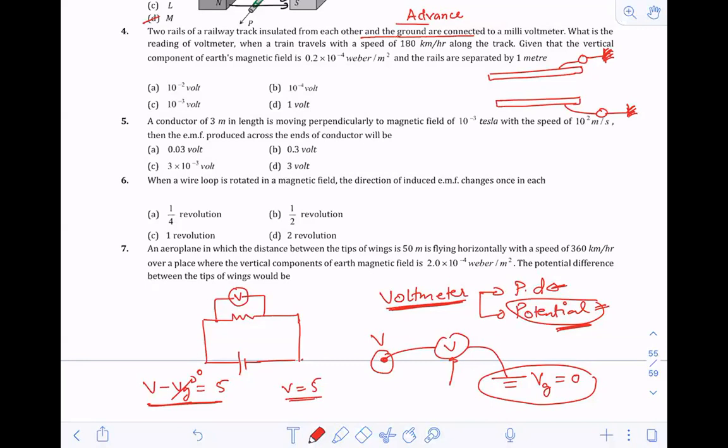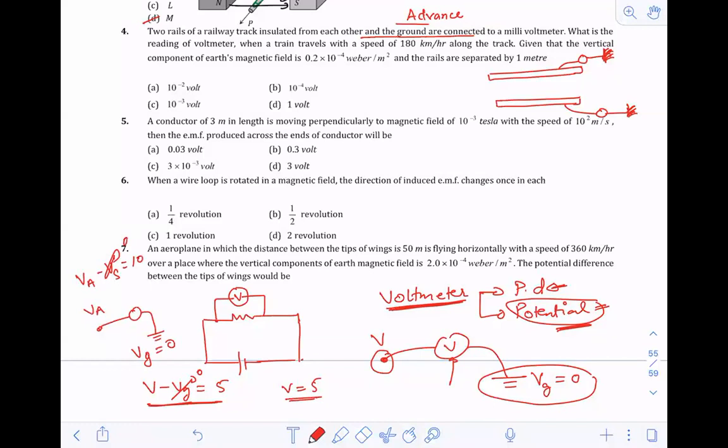So if you want the voltmeter to show you the potential instead of potential difference, the potential of a point, just connect one end at that point where you want to calculate it, and one end at the ground, so that Vg becomes 0. This point is A. So the potential difference between A and Vg is whatever it is, suppose 10.